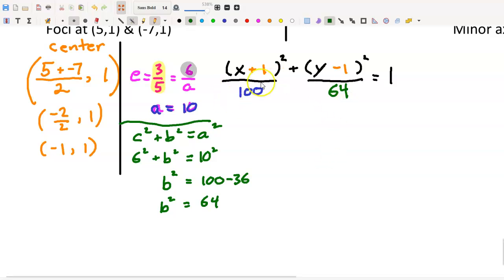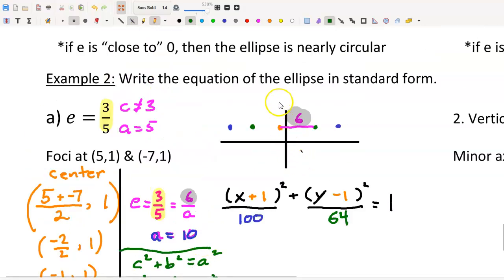And once your equation, all the numbers are filled in, that's how you know you're finished. Now, it doesn't actually say to graph it, but we could go through and graph it and say, well, B is equal to 8. And this would be 8 up from the center and 8 down from the center. And then we could actually officially graph this as well.